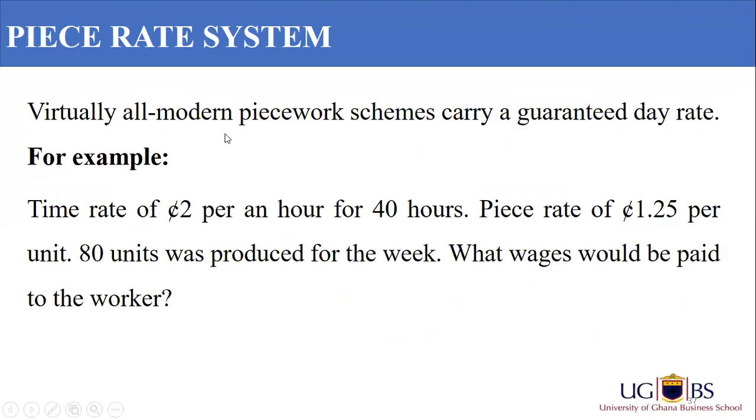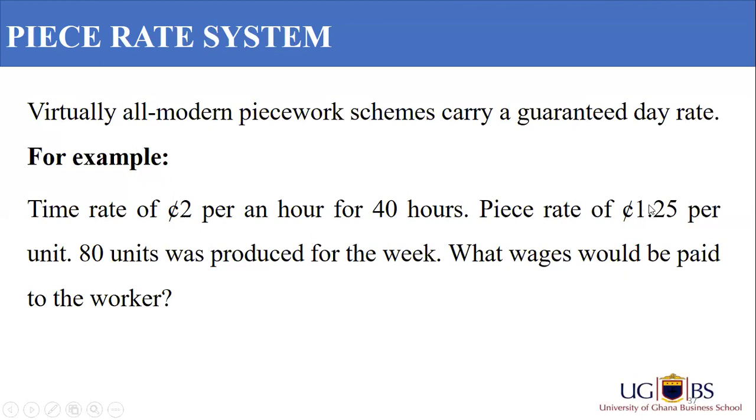So for example here, I think the time rate per hour is 2, right? And then the piece rate per unit is 1.25, and you produce 80 units. So here your normal time is 40 hours. When you multiply 2 by 40, you're going to get 80.